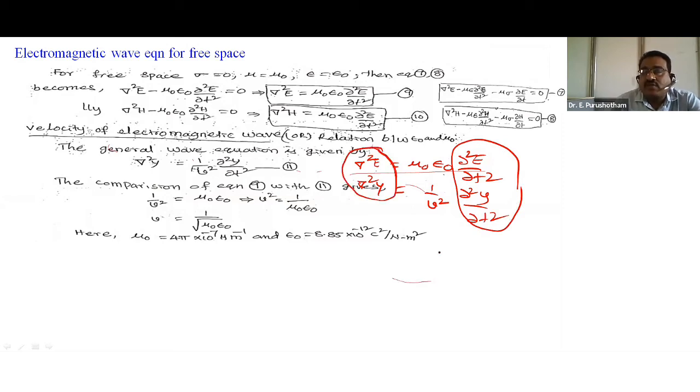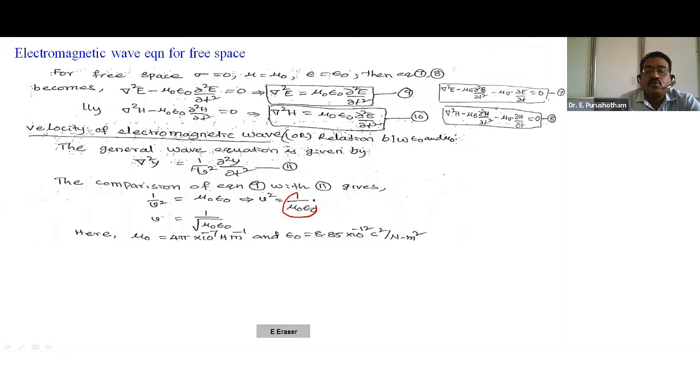But in place of 1 by v square, we get mu naught epsilon naught. So comparing equation 9 with equation 11, at the place of 1 by v square we can write mu naught epsilon naught. So reversing, v square is equal to 1 by mu naught epsilon naught.